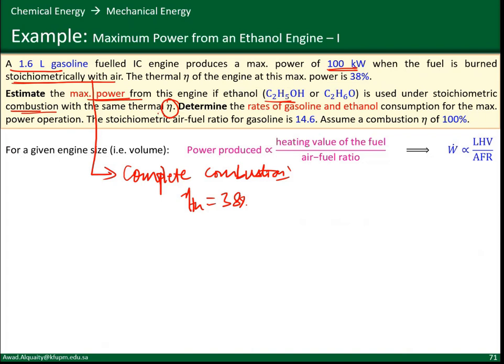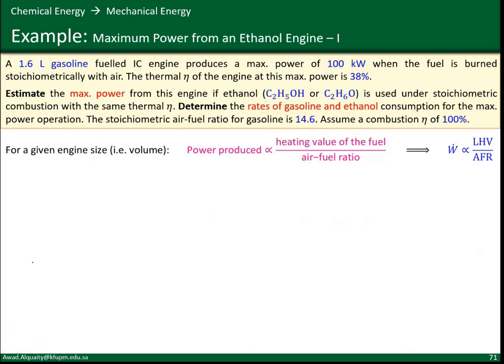Once we calculate the power you can get from the engine if you burn ethanol instead of gasoline, we also have to determine the rate of consumption of gasoline and ethanol for producing this maximum power. To make it simple, the stoichiometric air-fuel ratio for gasoline is given, and we are assuming combustion efficiency to be 100%.